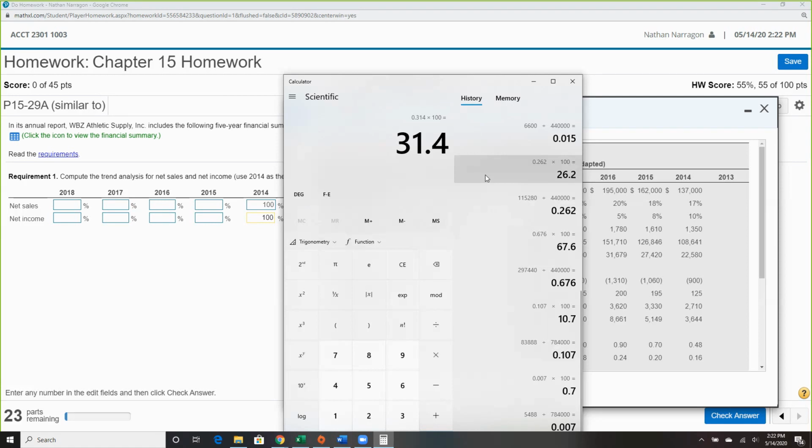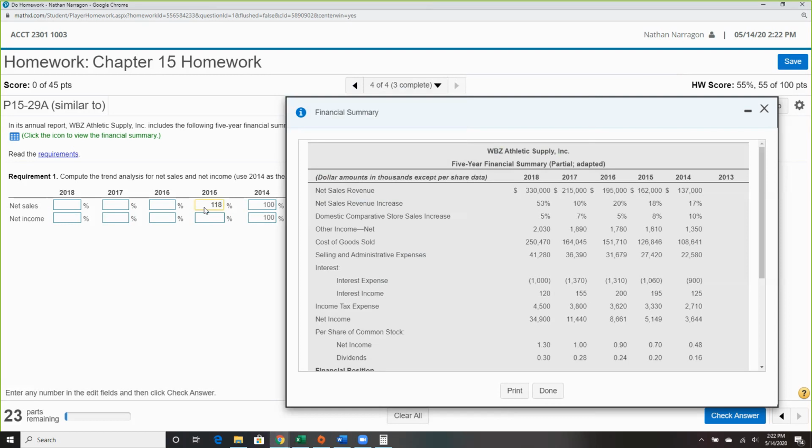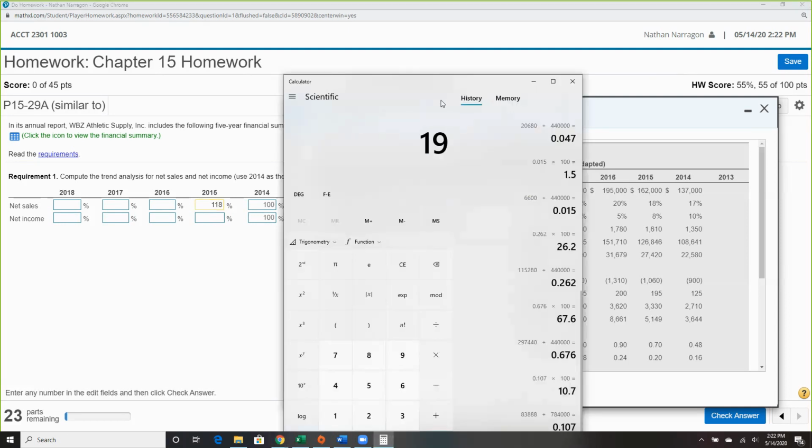So, taking net sales for 2015 was 162, divided by our base year, times by 100, get our percentage. We're looking at 118. Okay. 16. Again, doing our formula for trends. 195,000 divided by base year times 100. Look at 142%.